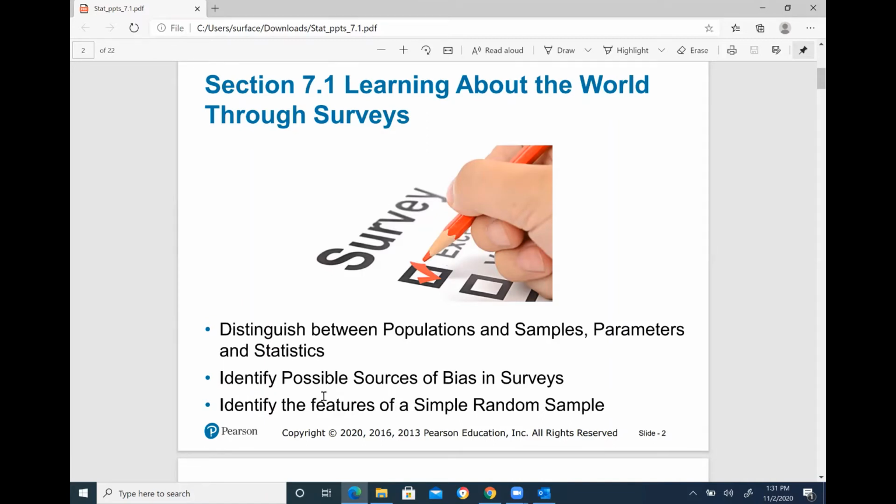They give us some information to identify what we call a simple random sample. If we understand this concept, it's just a small group. We call that a simple random sample.